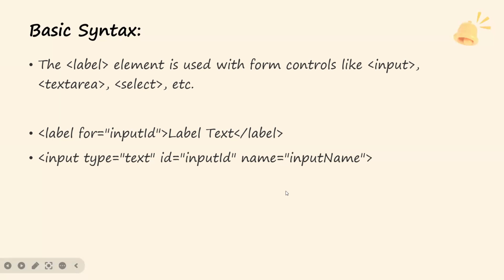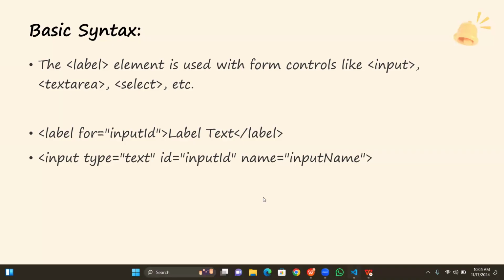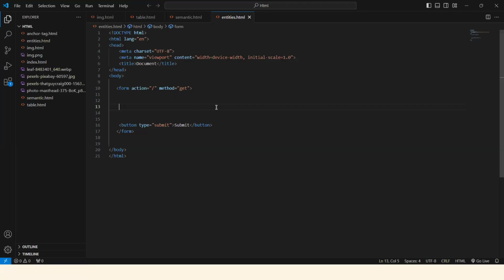If we go to code, let's see what we have. Let's say we have a label like this. This is how you write a label. You can just say username. Then you use the for attribute and give it the ID, let's say username.